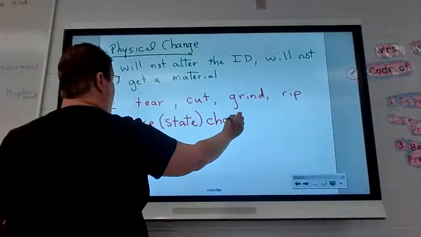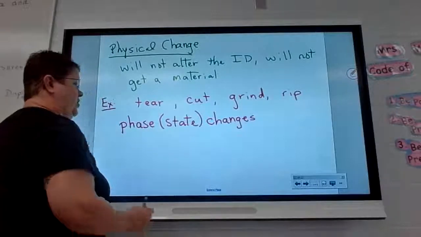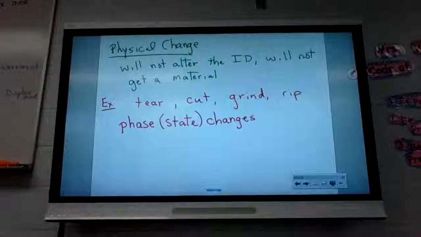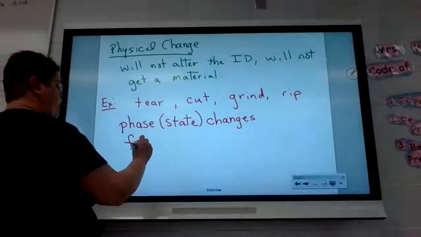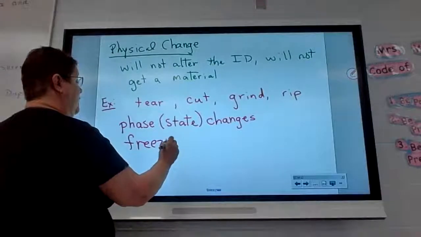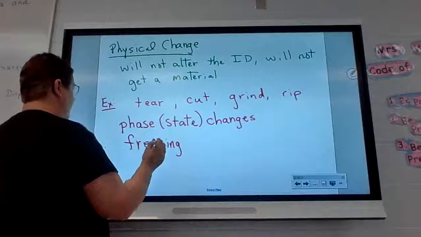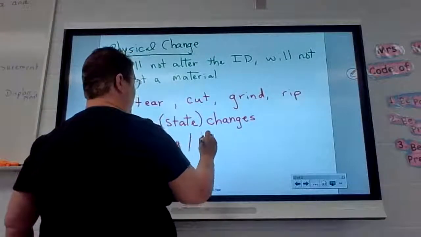So, can anybody tell me what the state changes are that you're supposed to remember from another science class? Okay, freezing is the word I wanted. What's the opposite of freezing? There you go. Freezing and melting are opposites.